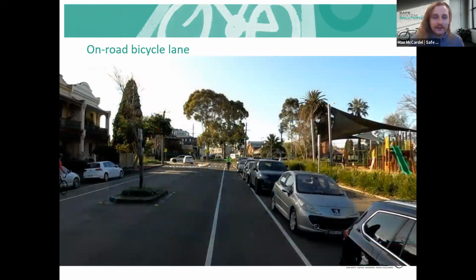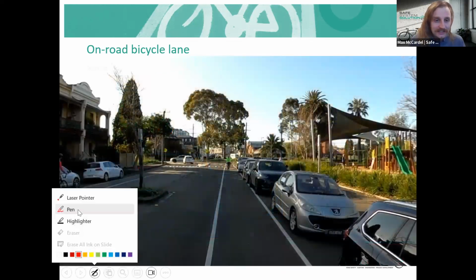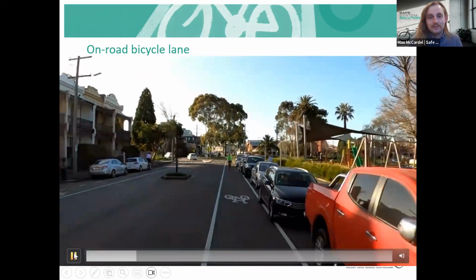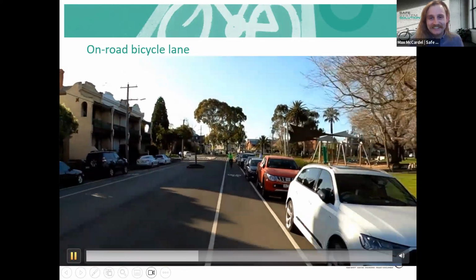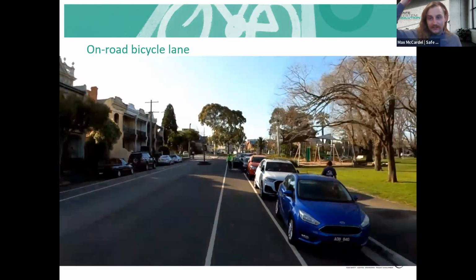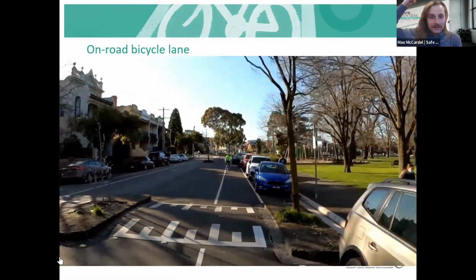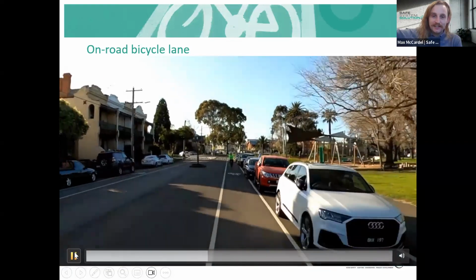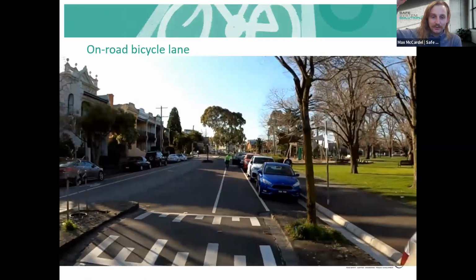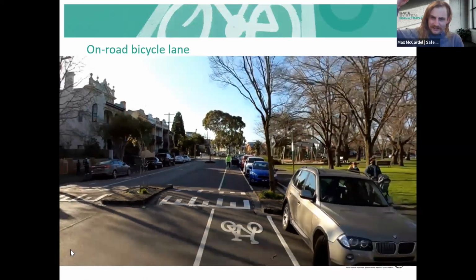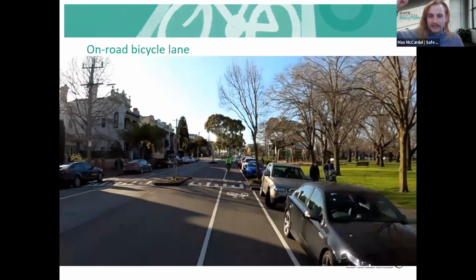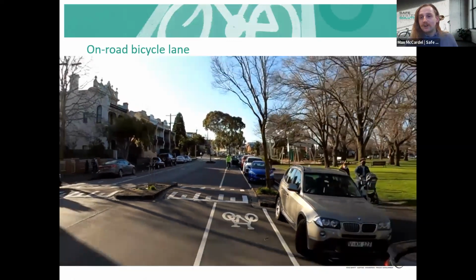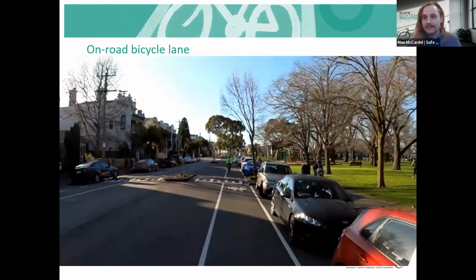I've got this video here. Hopefully this plays nice and smoothly at your end. This is one of Ken. This is actually using the 360 camera, pointing the camera backwards. We managed to get this snap of Ken nearly getting cleaned up there by a door and just exiting motorist, oblivious to being against the bicycle lane and not doing the Dutch reach there, were they, Ken?